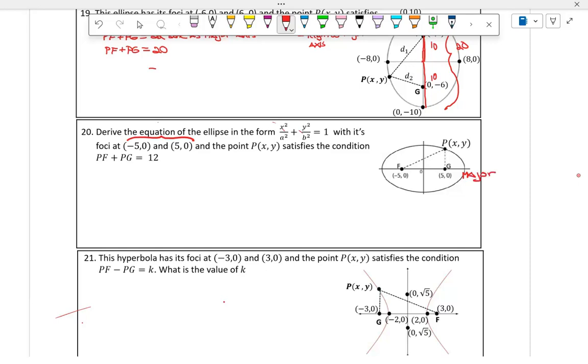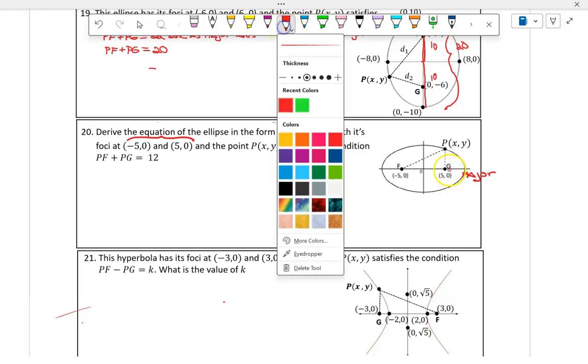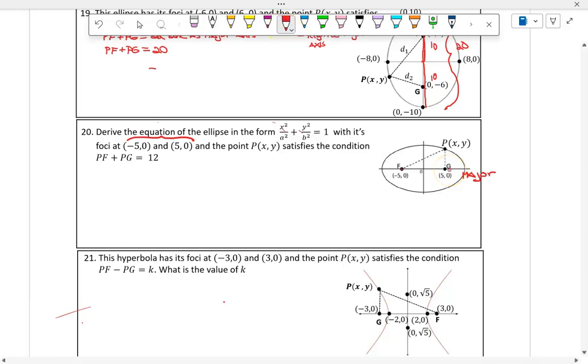And then we're told that if I take the distance from P to F and I add the distance P to G, I get 12. Well, that turns out to be the same as the length of the major axis. This is going to be 12. So I know each half of this is going to be 6, which turns out to be my A value.